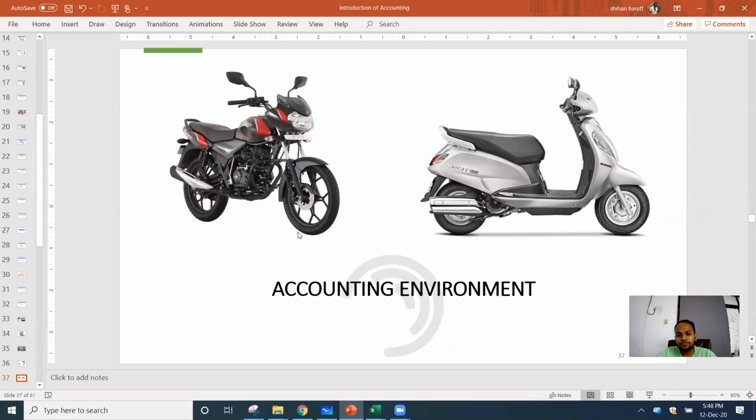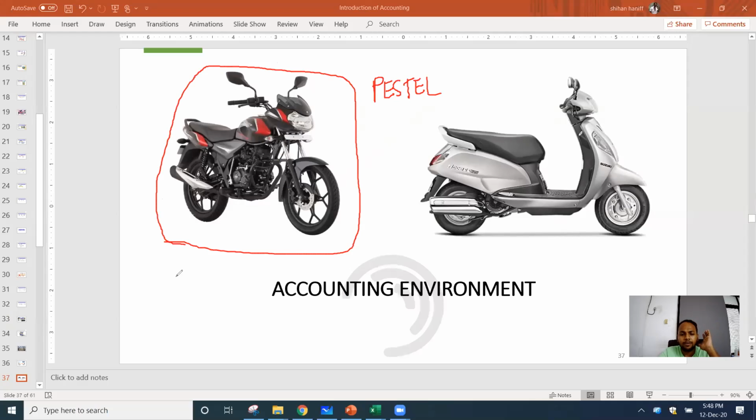So tell me, what are the environmental factors, external factors that affected this change? If you go back to earlier years, like 2010, 11, 12, until 2014, 15, most of the people had been using the motorbike, right?